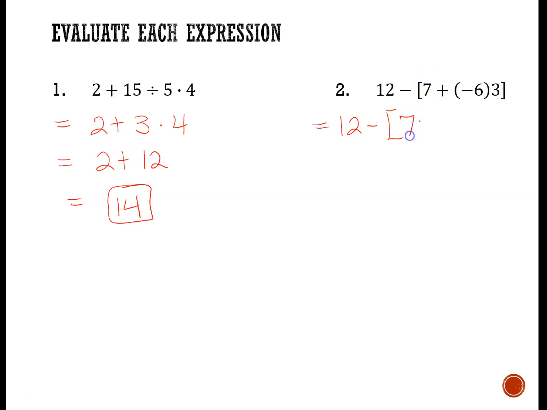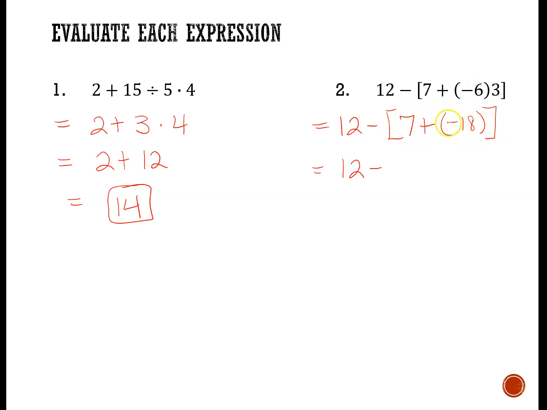So I'm going to bring down the 7 plus, and I'm going to do negative 6 times 3, and that's going to be a negative 18. Different signs, negative answer. So I'm still working inside the brackets. Bring down the 12, bring down the minus, and now we're going to do this operation.